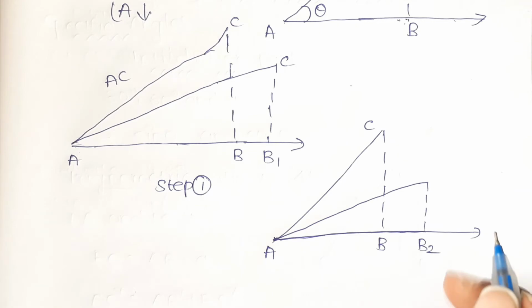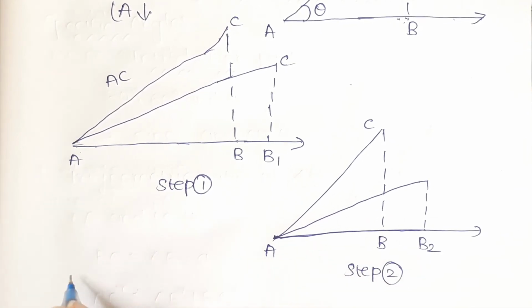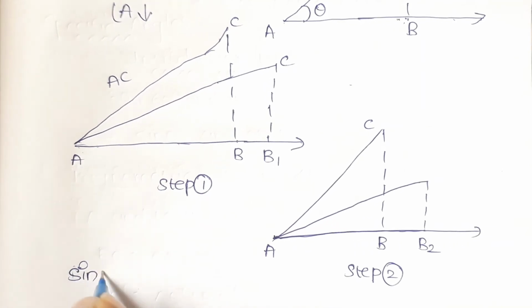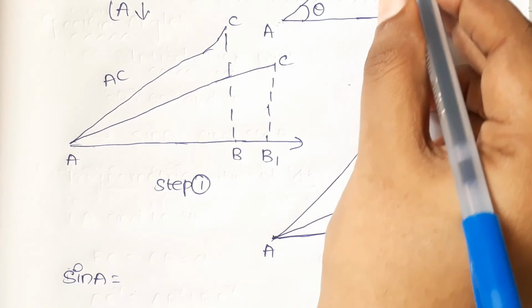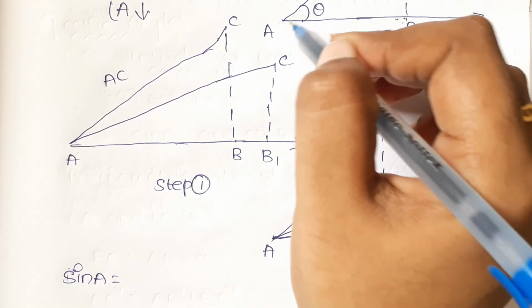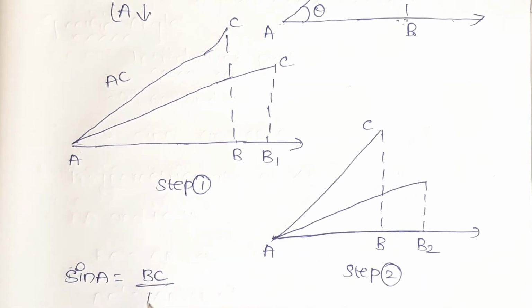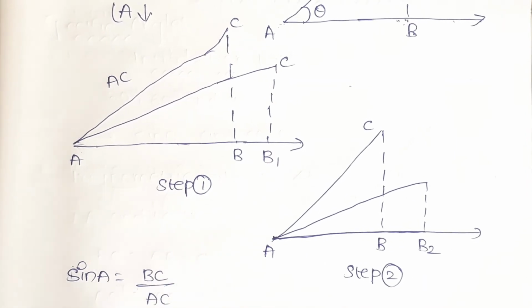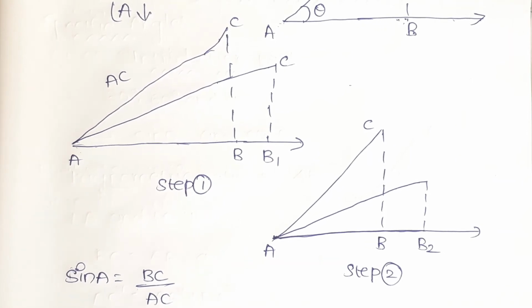Now from this let us look at the trigonometric ratios. From this triangle, sin A is nothing but opposite side by hypotenuse, that is BC by AC. And similarly, cos A is AB by AC.